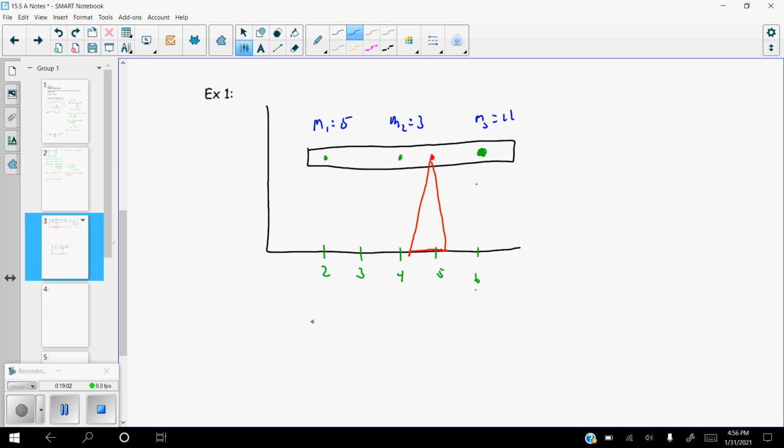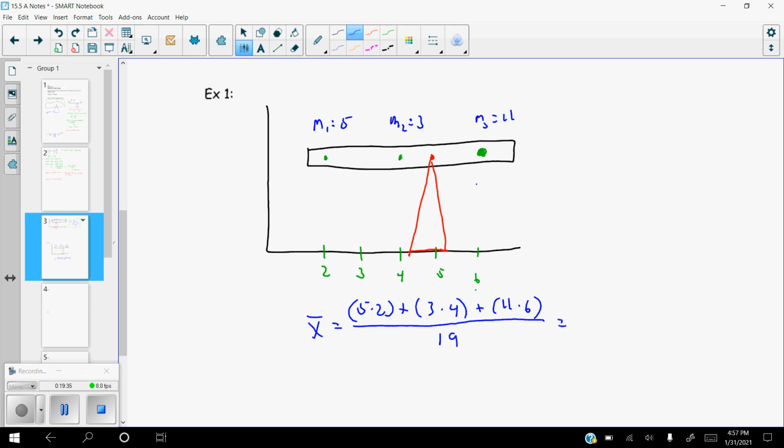All right, so to find x bar, it is mass 1 times x1. So that's going to be 5 times 2, plus mass 2, which is 3, times x2, which is 4, plus mass 3, which is 11, times x3, which is 6, and then we have to divide that by the sum of the masses, which in this case is 8 plus 11, which is 19.